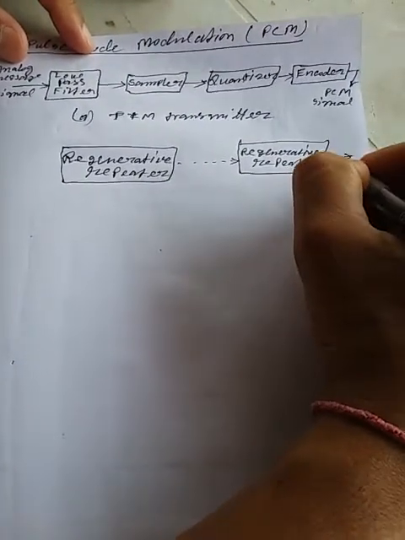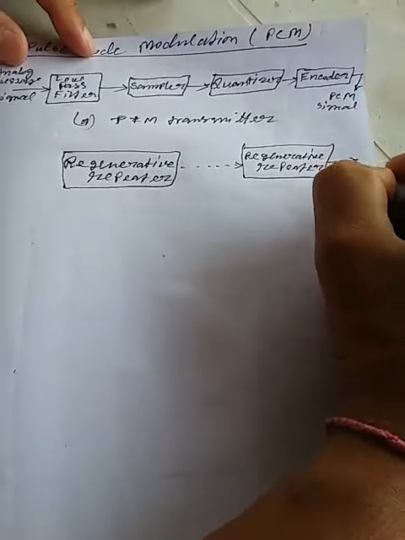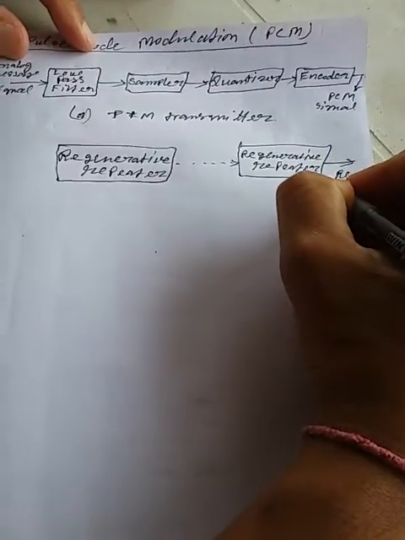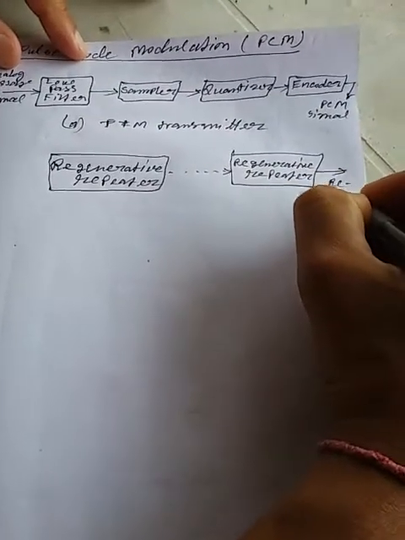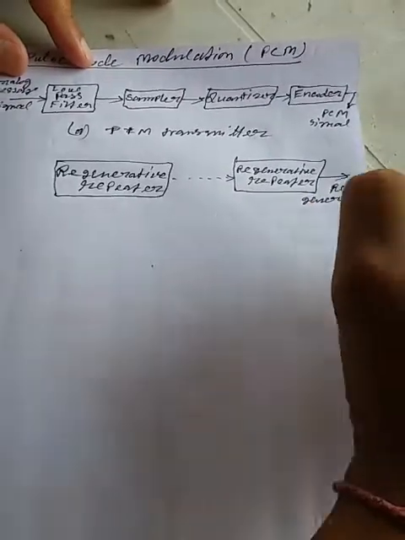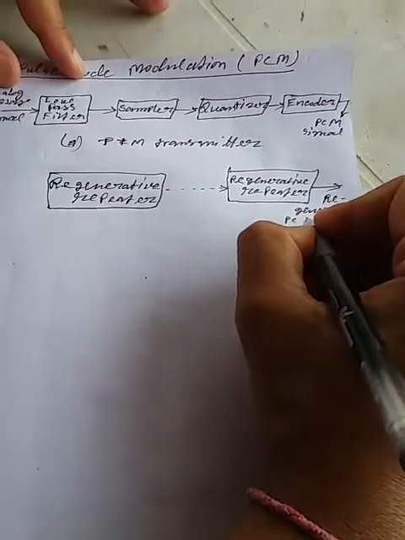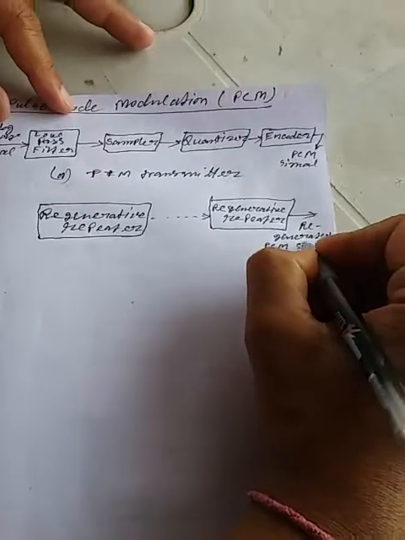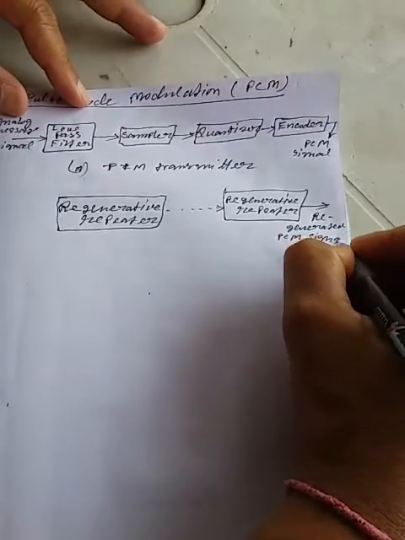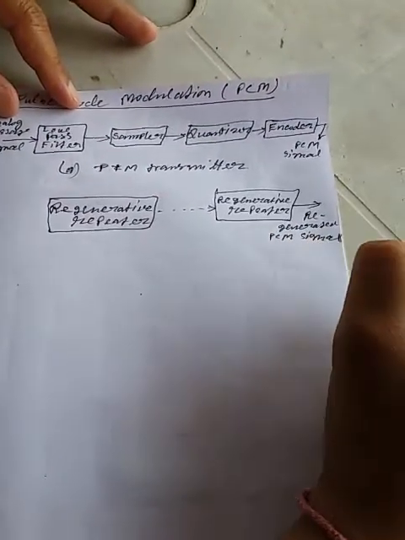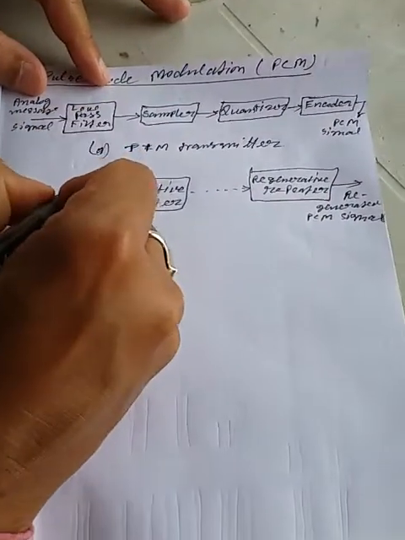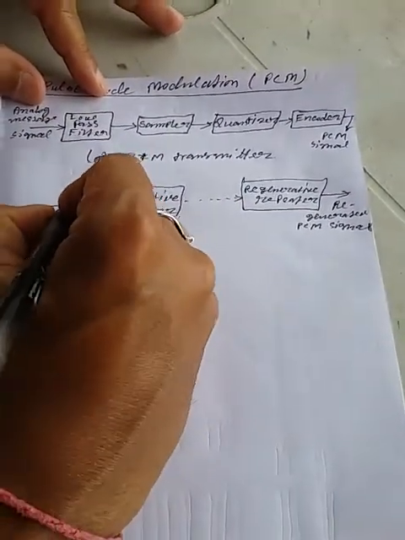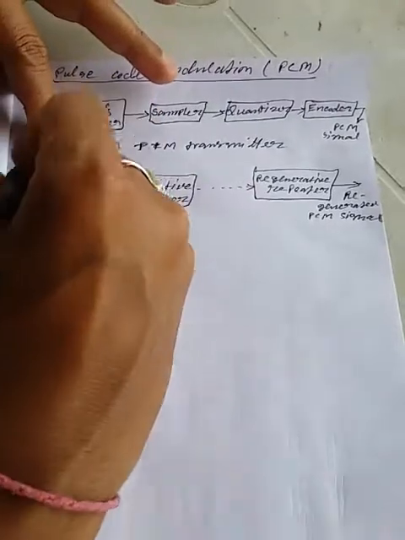So this is the regenerated PCM signal. This regenerative repeater is used to avoid the path loss.